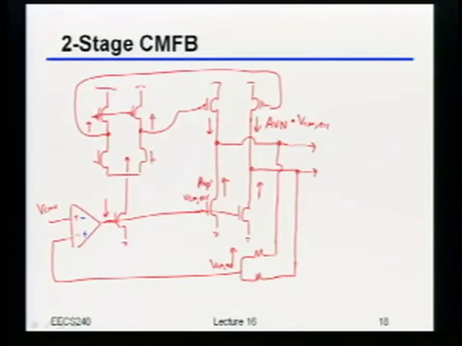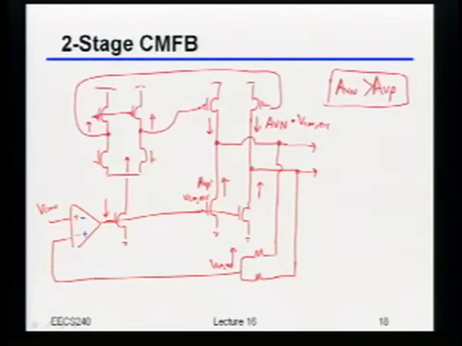So if we want this whole thing to be stable, what has to be true about these feedback loops? AVN has to be greater than AVP. Yeah, exactly. Better be the case that AVN is greater than AVP. Because if it isn't, then we actually have net positive feedback, and the whole thing will be unstable.